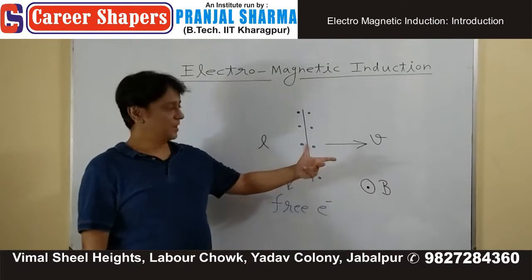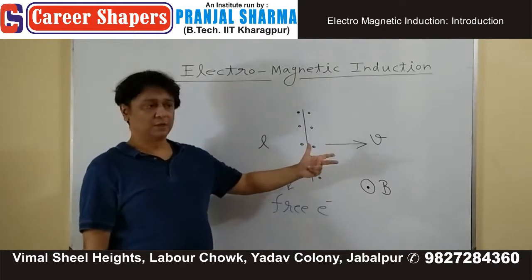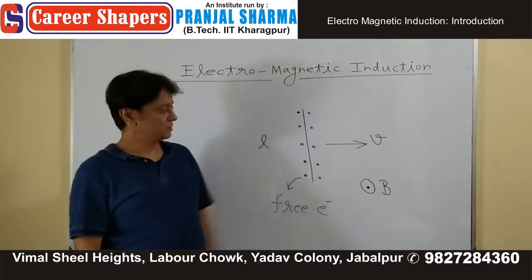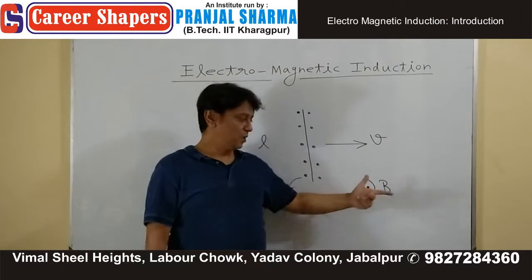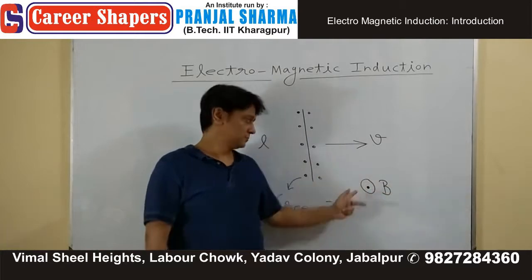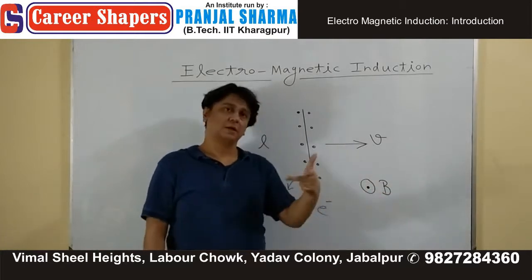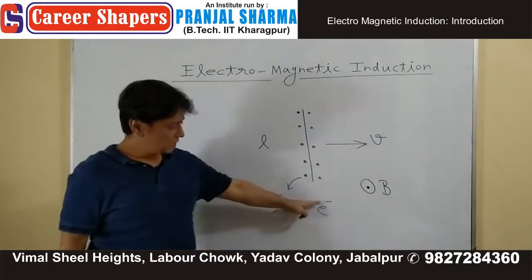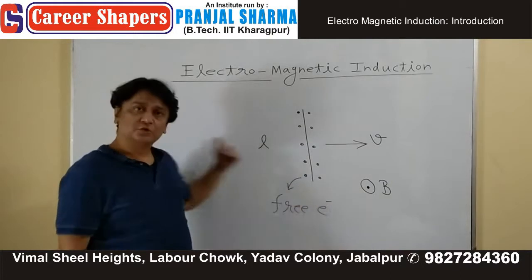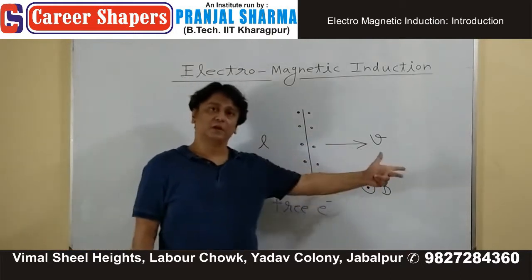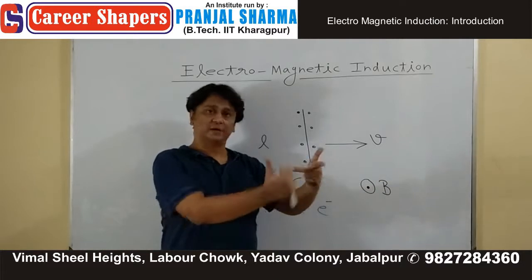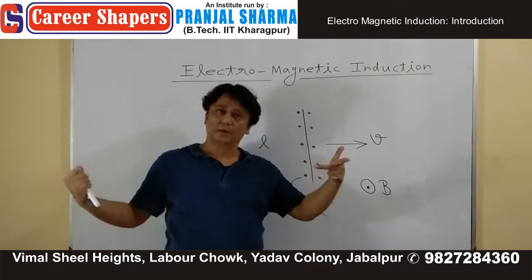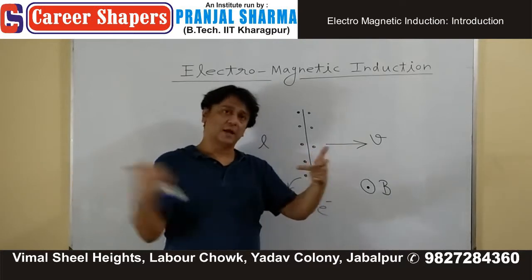FBI: F, B, and this is the I. B is pointing out. Electrons are moving that way, but electrons are negatively charged. We take direction of current this way, but electrons are moving that way, so the equivalent current will be taken in the opposite direction.